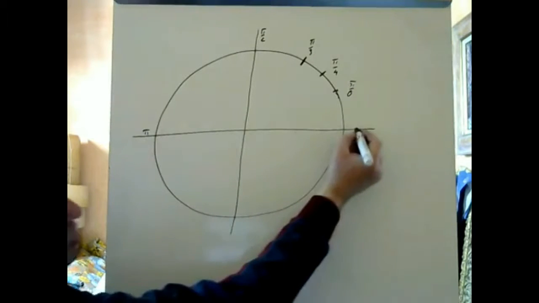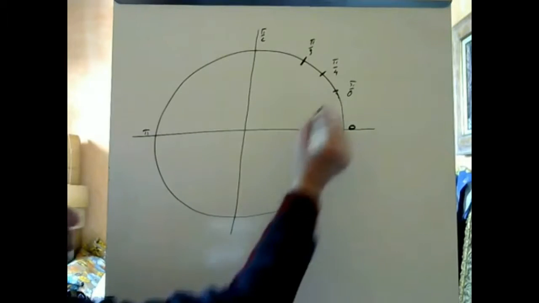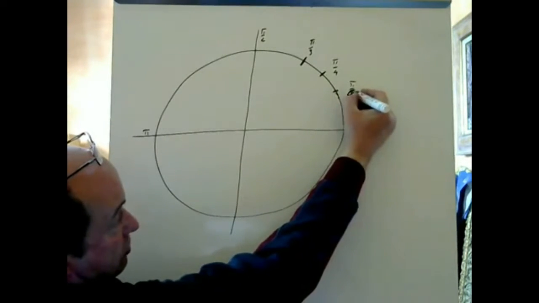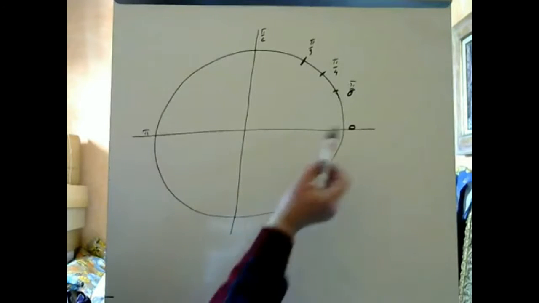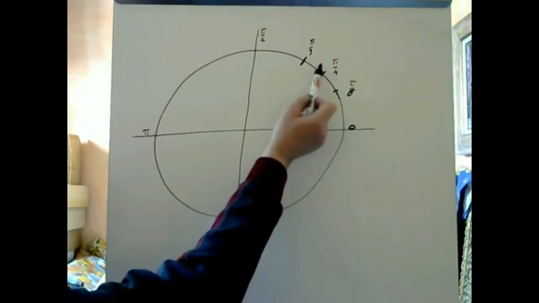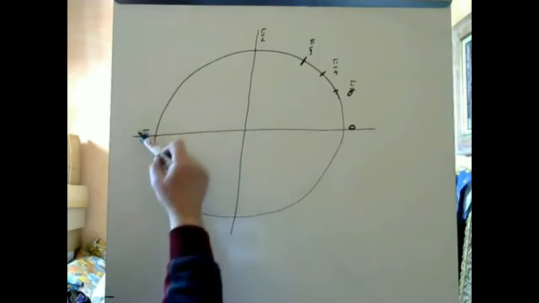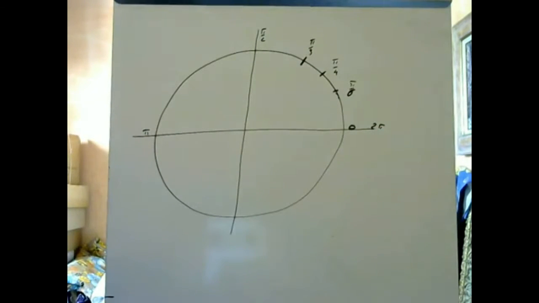Here we've got pi, and here we have 0. To measure an angle, we always start from 0. So these are all the significant angles we all need to remember. 0, pi over 6, pi over 4, pi over 2, pi, and a complete circle is 2 pi.